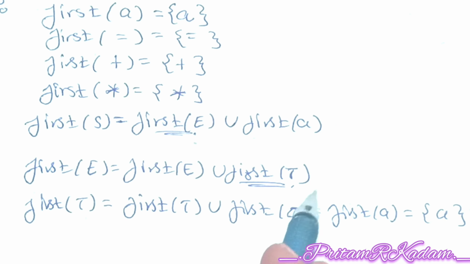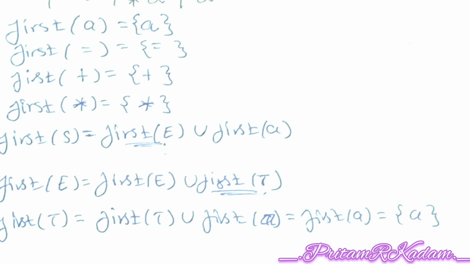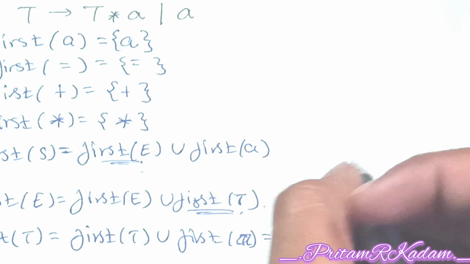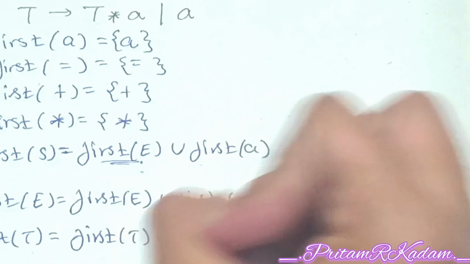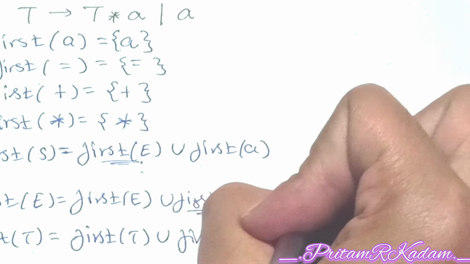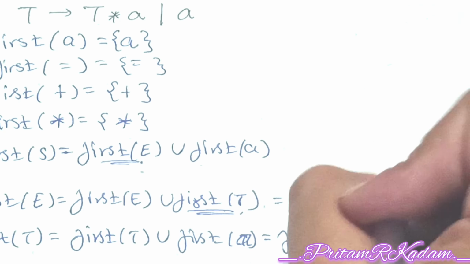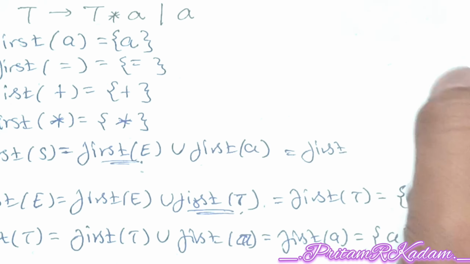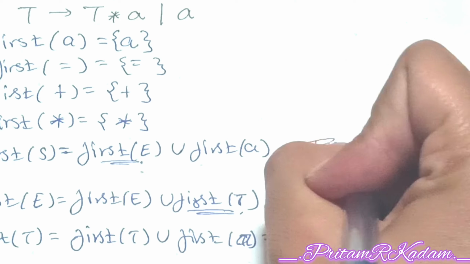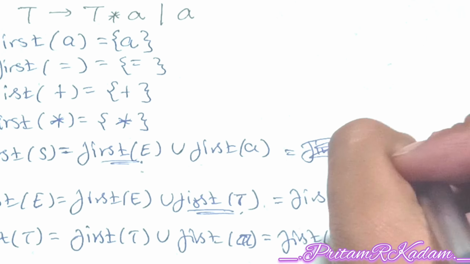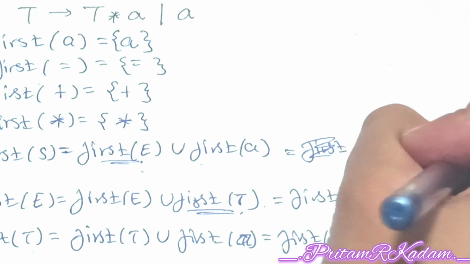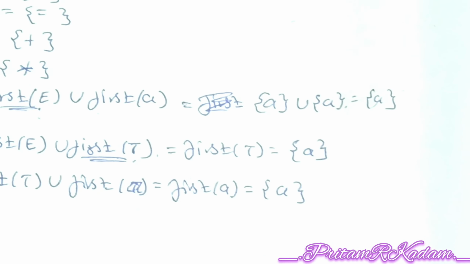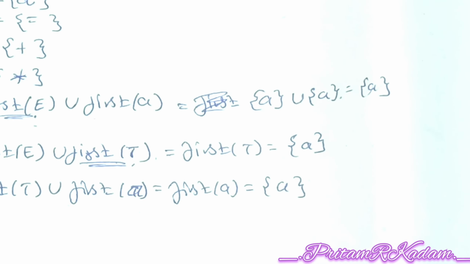As it is the first of T, we write it in the first of E also, because first of E equals first of E union first of T, which is only first of T, that is small a. Same with the first of S, which was equal to first of E union first of A. So first of E is small a only, and small a union small a is small a only. So the first of all the non-terminals is small a, the terminal.